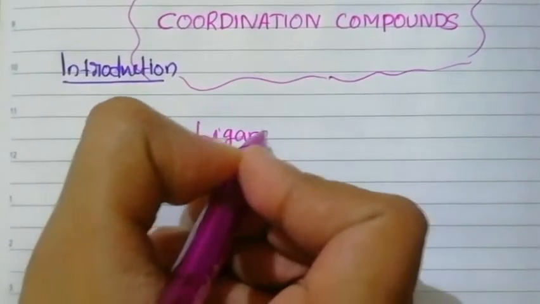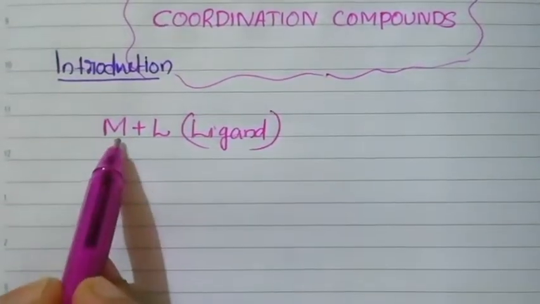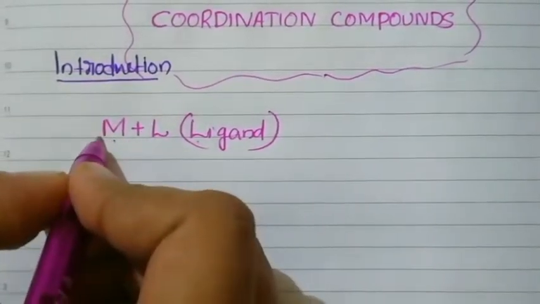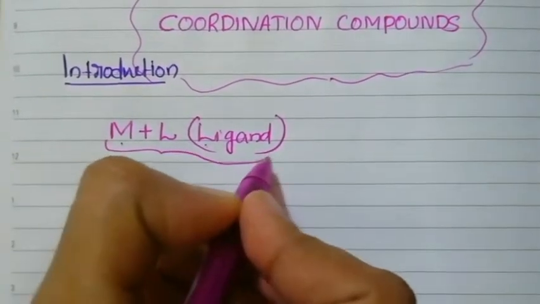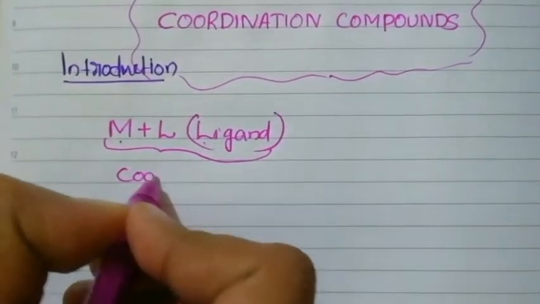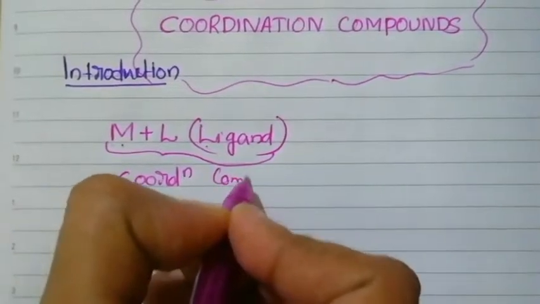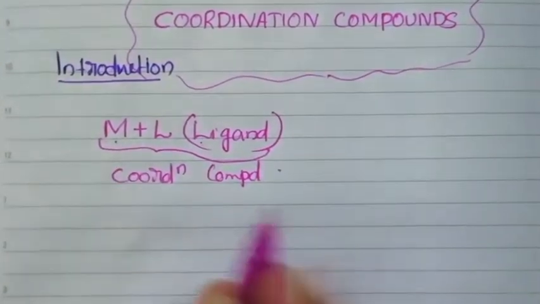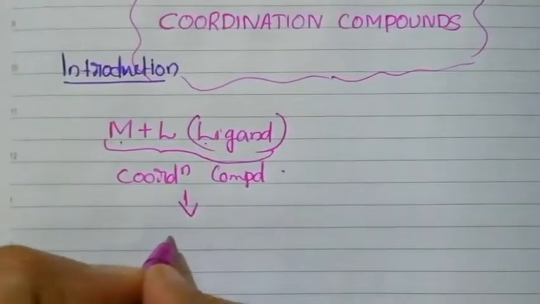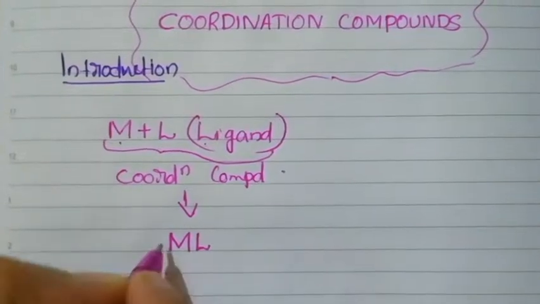Ligand is a new term, so remember L represents ligand. Simply, we can define a coordination compound as the combination of metal plus ligand. In this chapter we will study how to select the metal and ligand, etc. A coordination compound is represented in a square bracket.